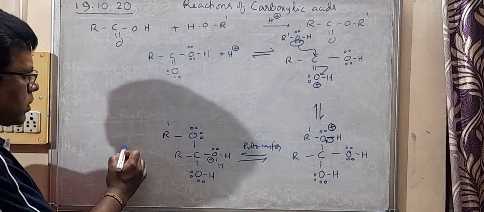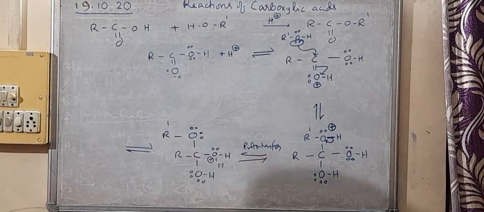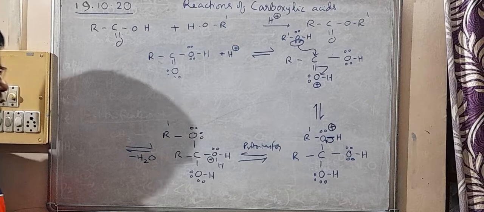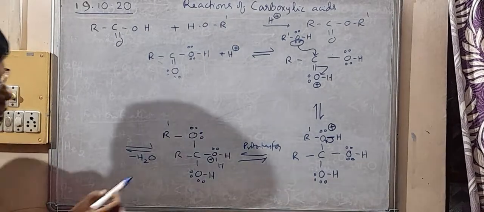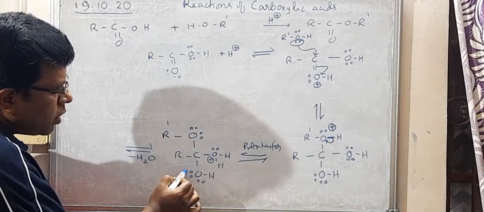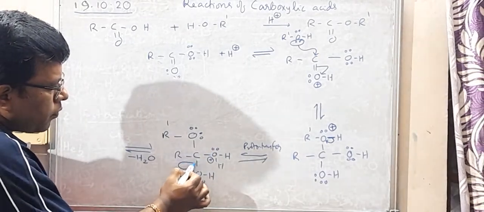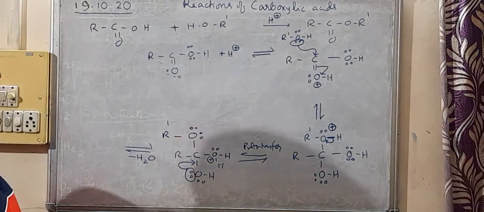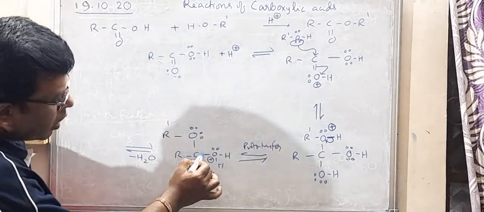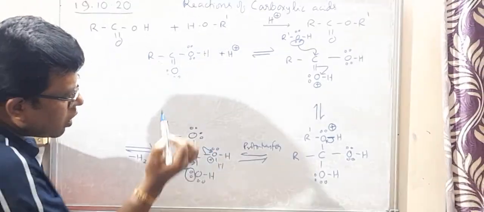Okay. In the next step, there is loss of water, minus H2O. Why does loss of water occur? Because of this O plus, the driving force, this lone pair will come here. Remember, it was like this here. This lone pair will come here, and this bond will come here.